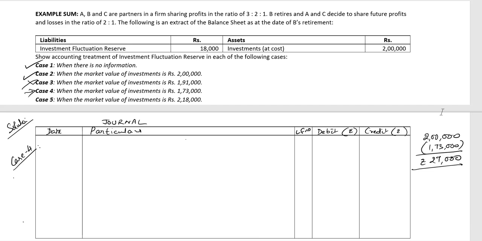So the investment has reduced by 27,000, whereas we have an investment fluctuation reserve of only 18,000. So to the extent of rupees 18,000, we will utilize the reserve, and for the balance fall in market value of investment, we'll utilize the revaluation account and debit the revaluation account to reduce the cost of the asset investments by 9,000.